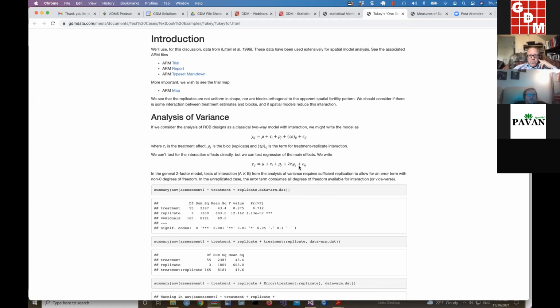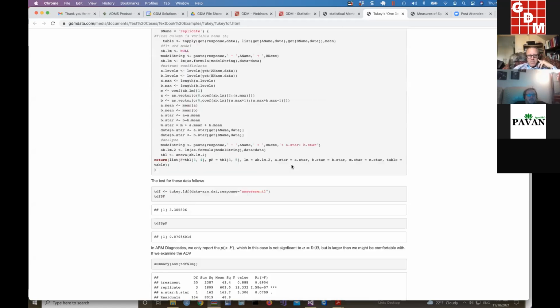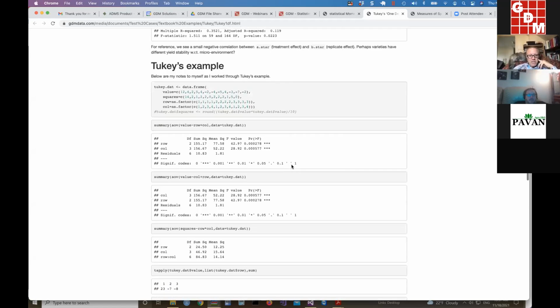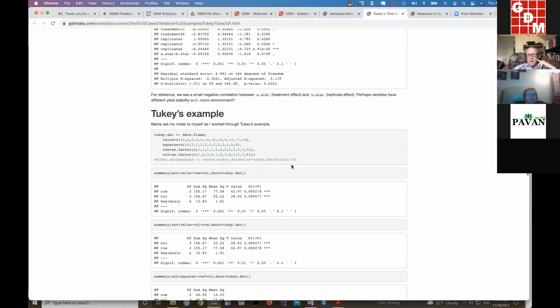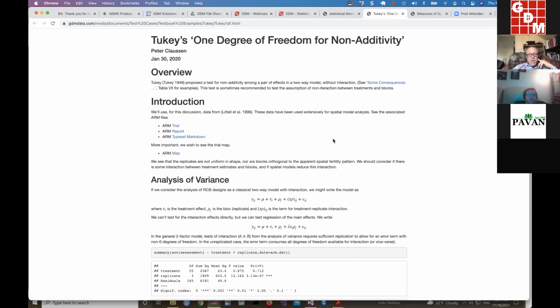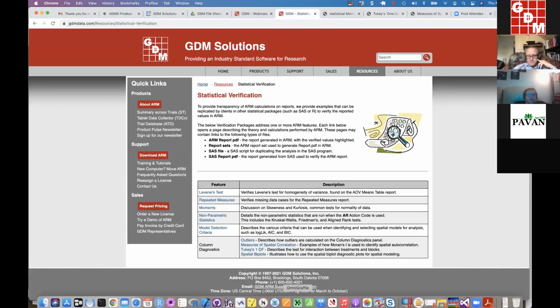We can, however, include a multiplicative term, and it is a test of this multiplicative term that Tukey's 1 degree of freedom test is attempting to determine, if there is a slope associated with the treatment by the, excuse me. And this is a lot of the mathematics that go into the calculation that we don't need to worry about today. I'm just pointing out that we have that information available on our website.